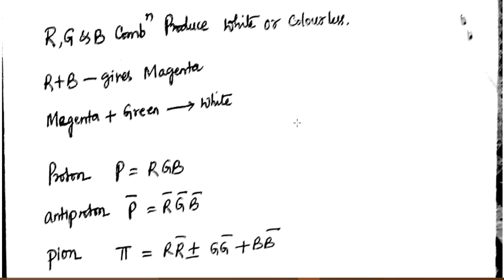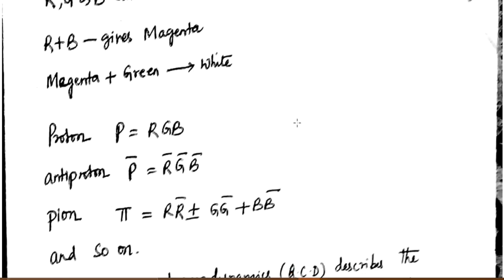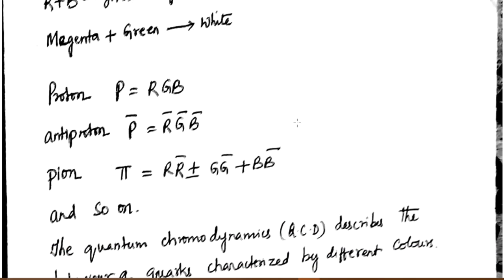R, G and B combinations produce white or colorless. For example, R plus B gives magenta color, magenta plus green gives rise to white. Proton P is due to RGB, antiproton P complement is equal to R complement, G complement, B complement, and the pion is equal to R complement plus R, G complement plus G, B complement plus B, and so on.